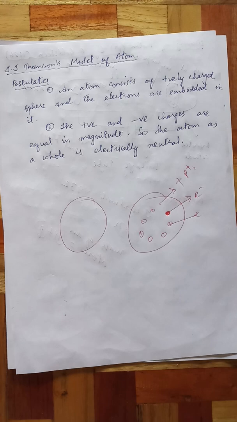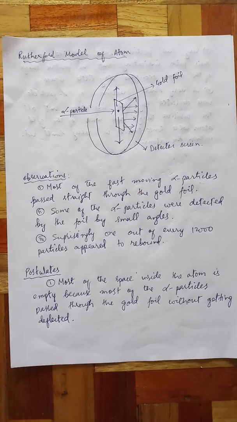So after his work, Ernest Rutherford carried out an experiment on Thomson's model. In his experiment, he used fast-moving alpha particles, a thin gold foil and a detector screen.